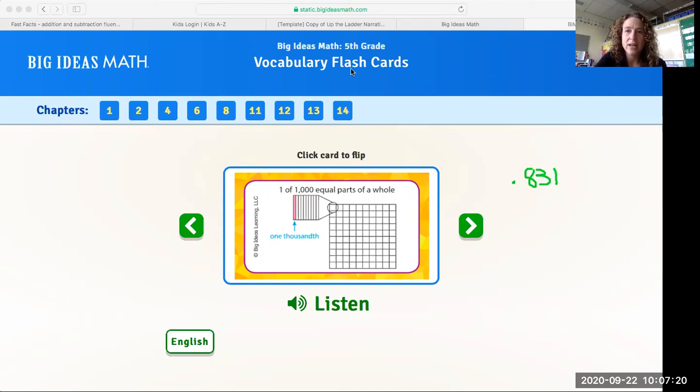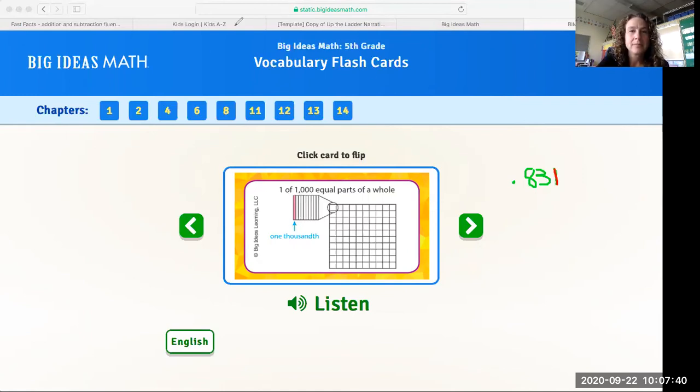This number right here that I just added, the 1, is in the thousandths place, and we would read this 831 thousandths. Crazy. Teeny, teeny, teeny, tiny piece. Okay, tiny piece of a whole.